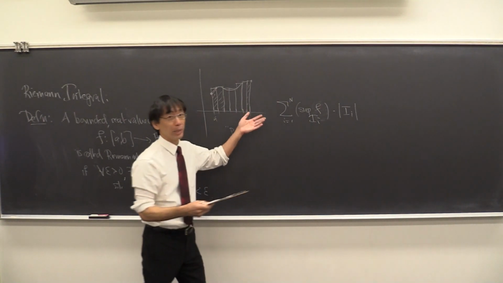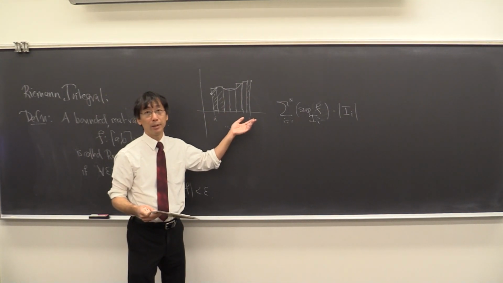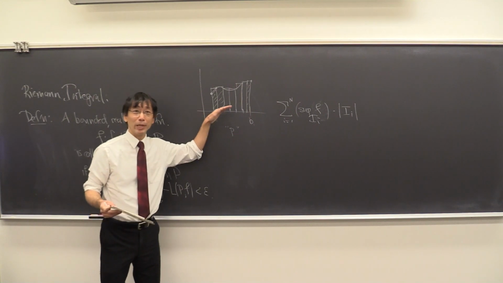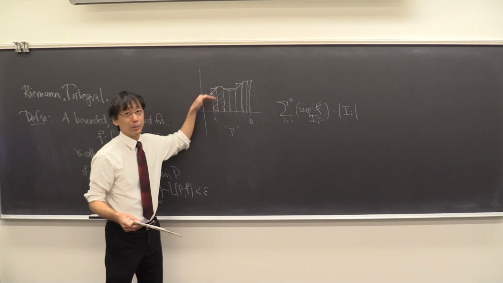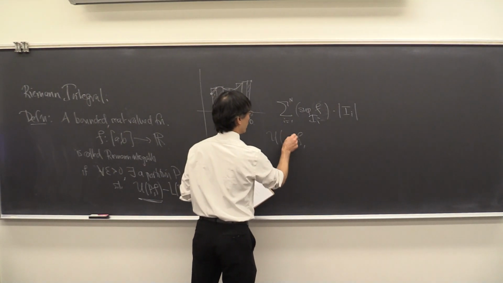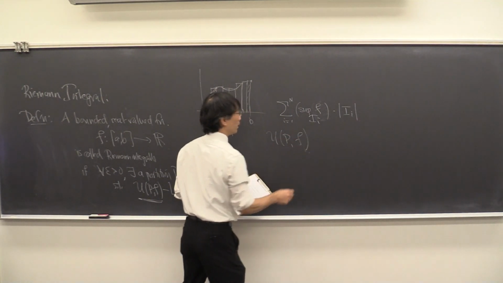This would be the upper sum. Okay, and you don't have to copy this down too carefully. Just understand, take the supremums. That's the upper sum of the function over the partition.